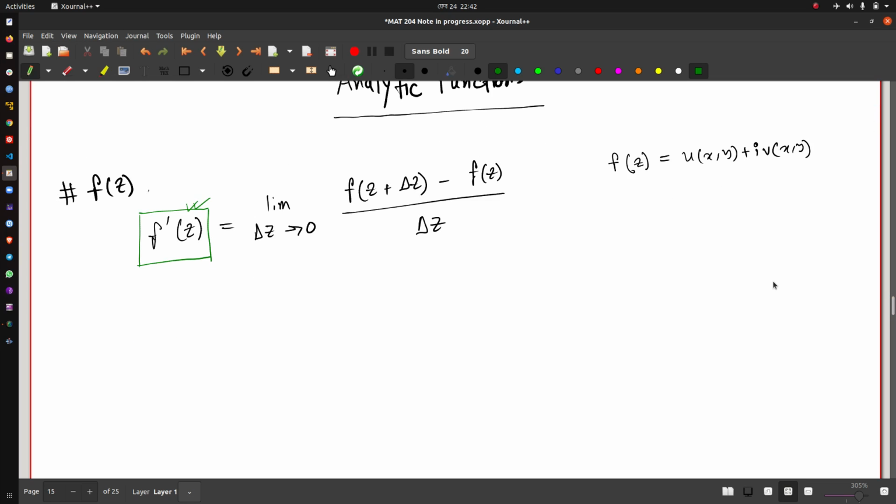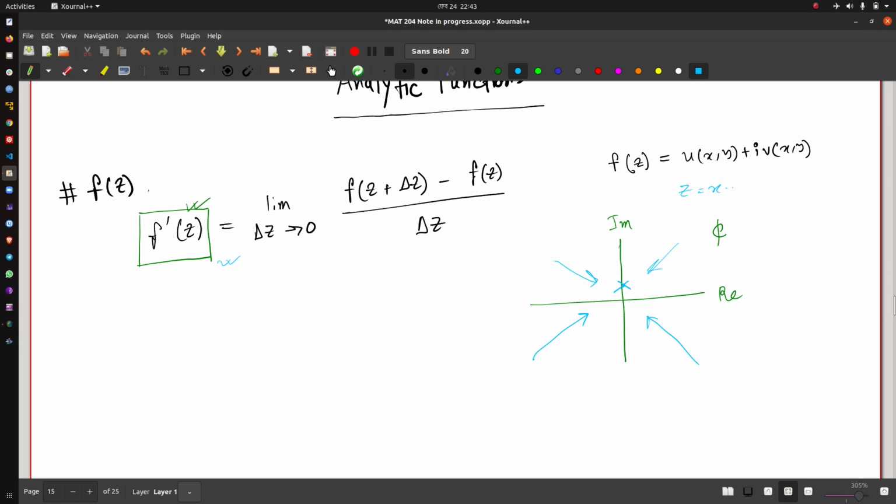Now if you recall, we are trying to define this derivative on a complex plane. So this is the complex plane, this is the real axis, this is the imaginary axis, and so on. In the last lectures we said that this derivative should exist regardless of your direction of approach. Let's say this is the point of interest, and no matter which way you come, you will always get the same value if you compute this quantity, because z was x plus iy.